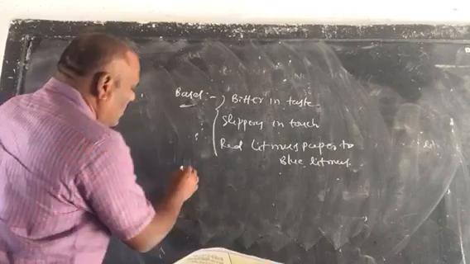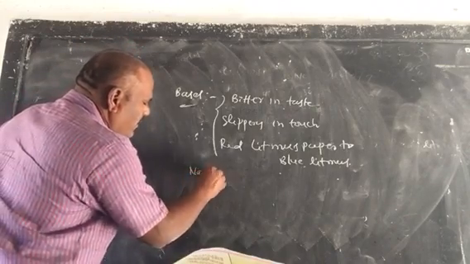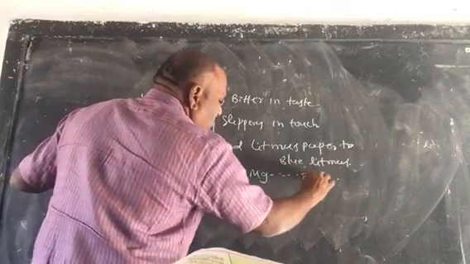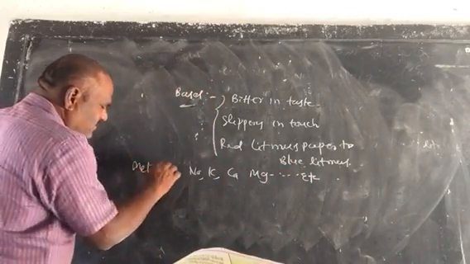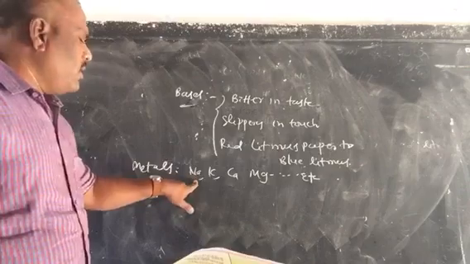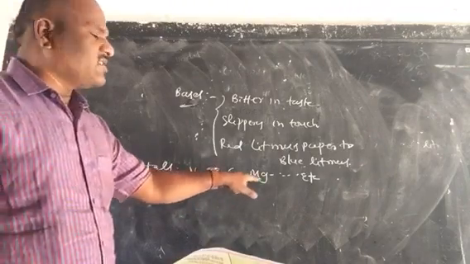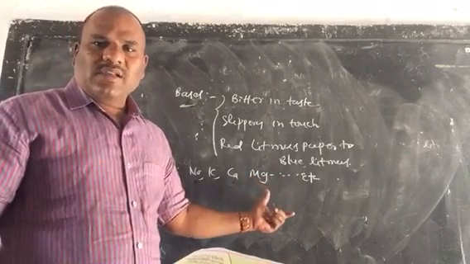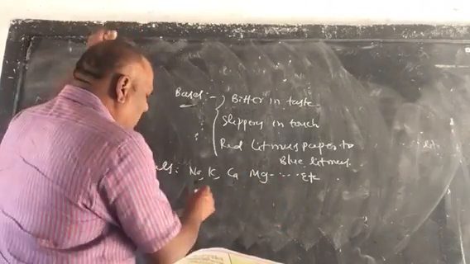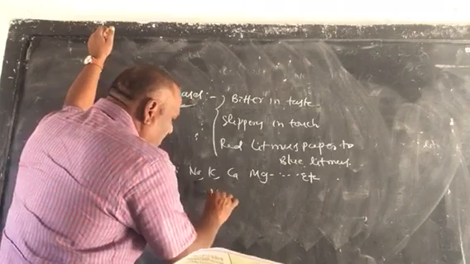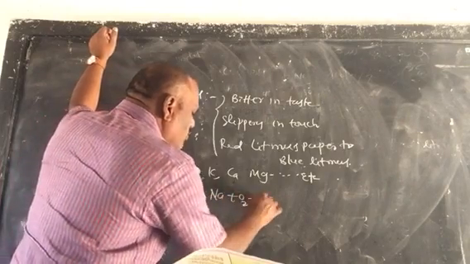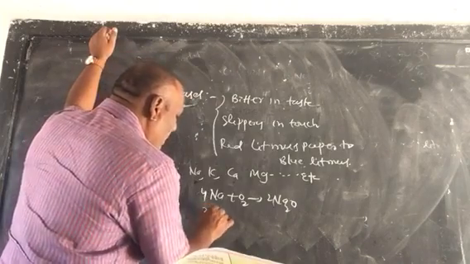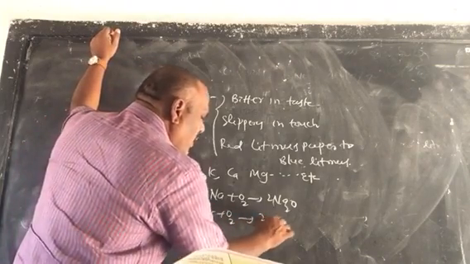For example, metals such as sodium, potassium, calcium, magnesium, etc. When these metals are burnt in the presence of oxygen, for example, children, 4Na plus O2 gives us 2Na2O, and next 2K plus O2 gives us 2K2O.